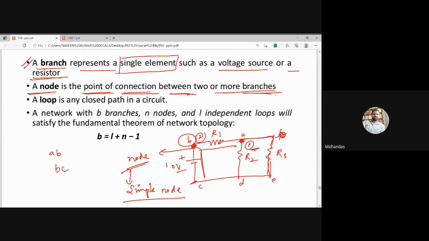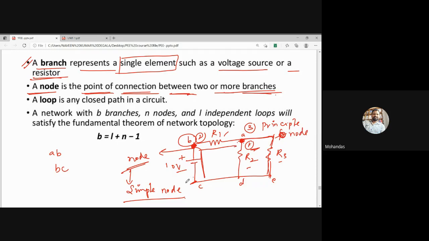R1 is there, R2 is there, R3 is there. Greater than 2, there are 3. So 3 branches are connected. So this is also a node, but this node is called a principal node.